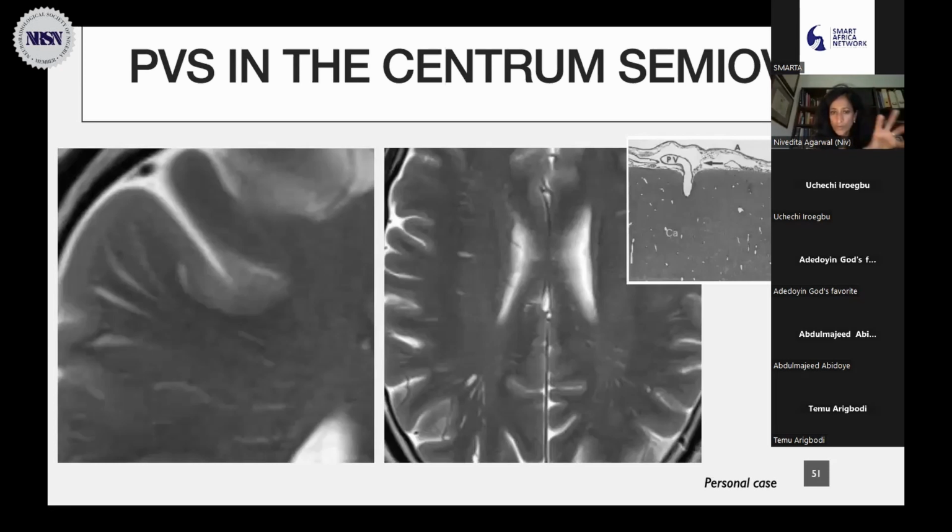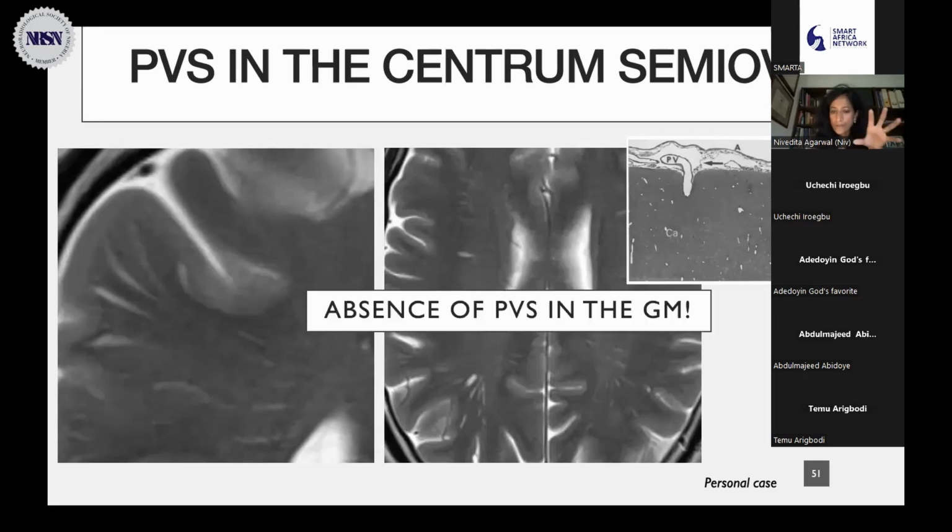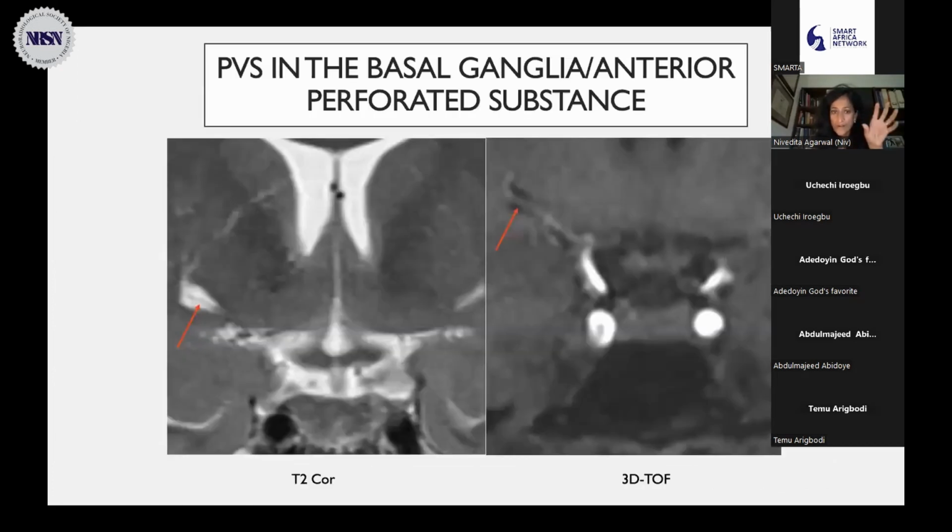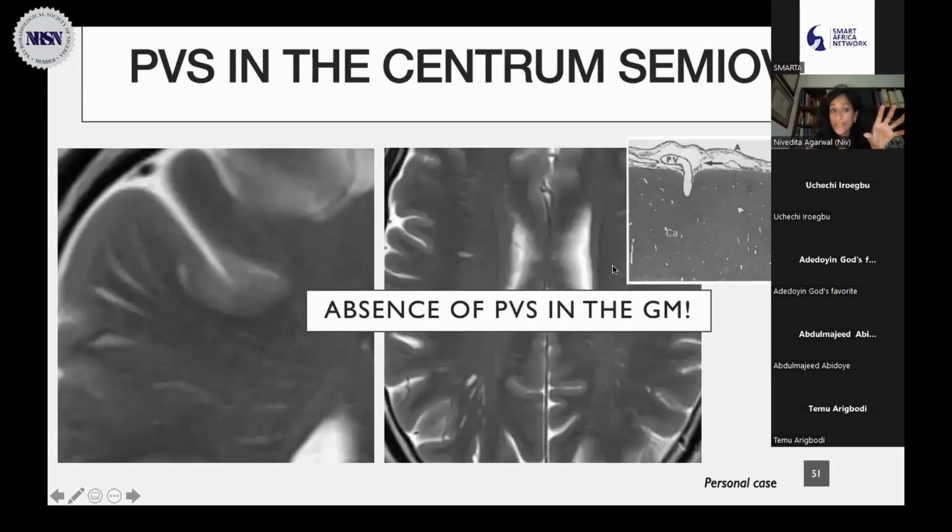It's not time to report them, but look at them again. This is an indirect marker of something. PVSs are not in the GM. This is a perivascular space around a lenticulostriate artery. Look at that. So this is a space that is directly in communication with the cisternal space. But the ones in the centrum semiovale, these are not directly connected to the subarachnoid space.